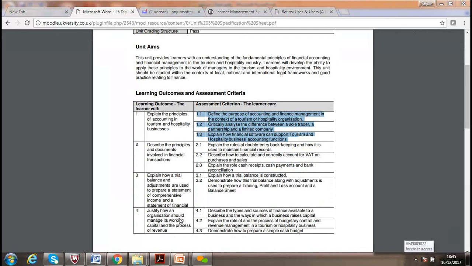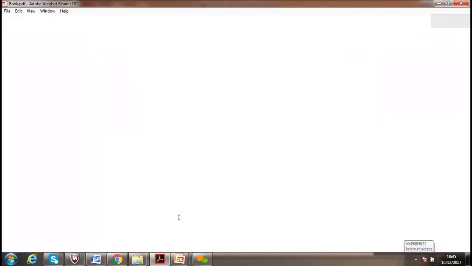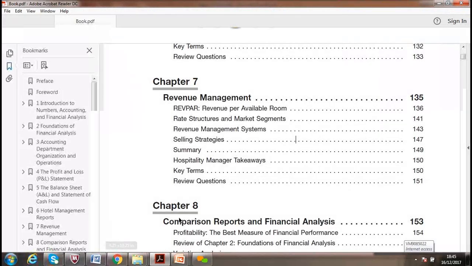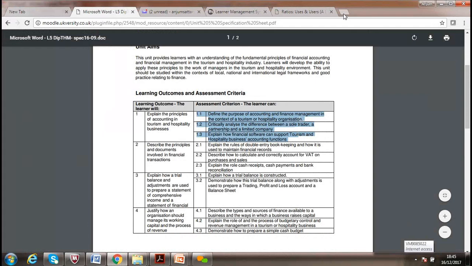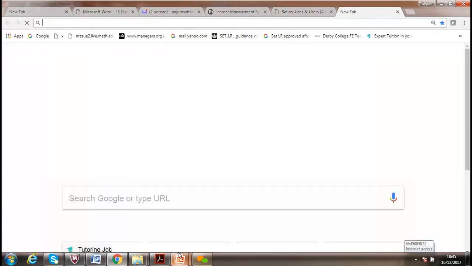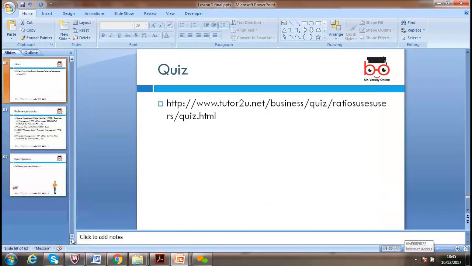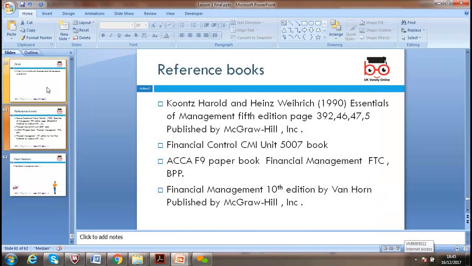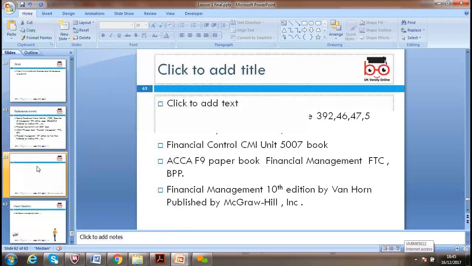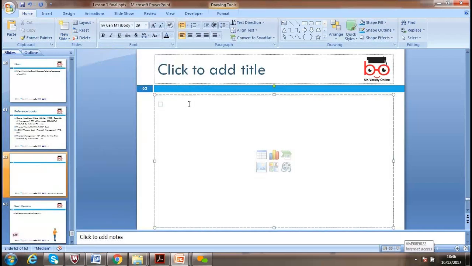This book is already on Moodle, so please follow it where you can find the information. Our other website is called Open Tuition. I put the links in my slides as well, so that will help you. These are the books you can follow as well, and I'll put the website names there. The website is called Open Tuition.